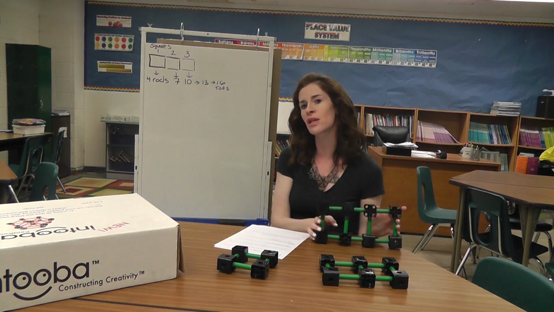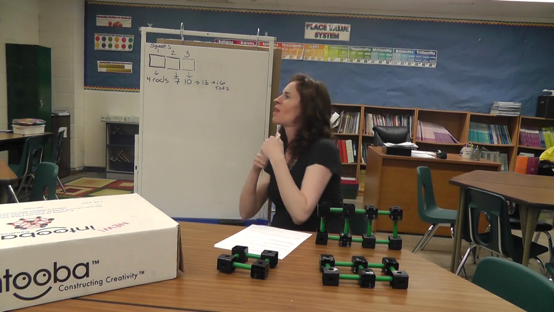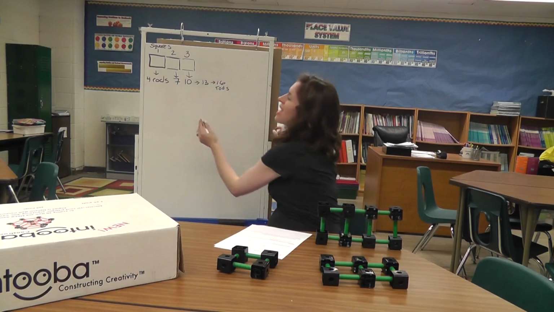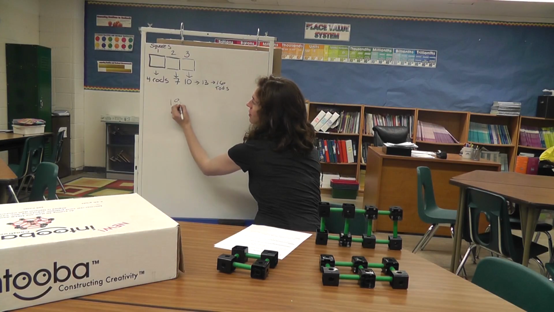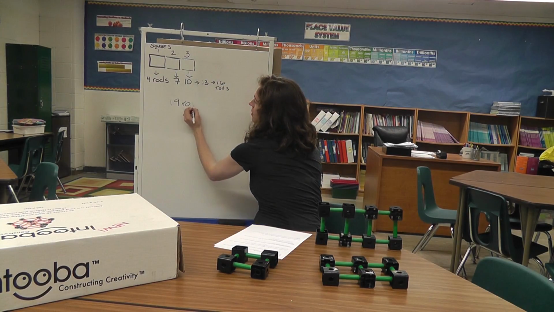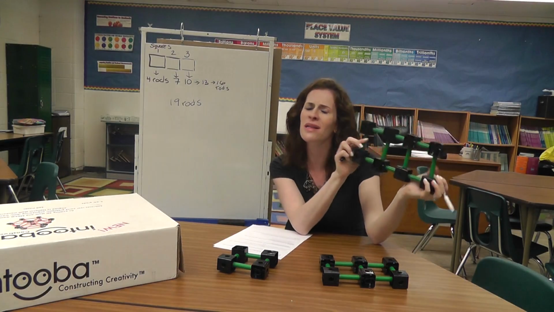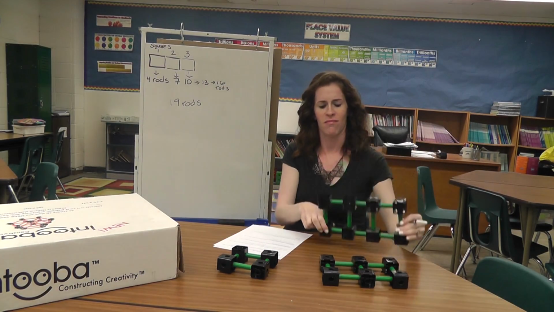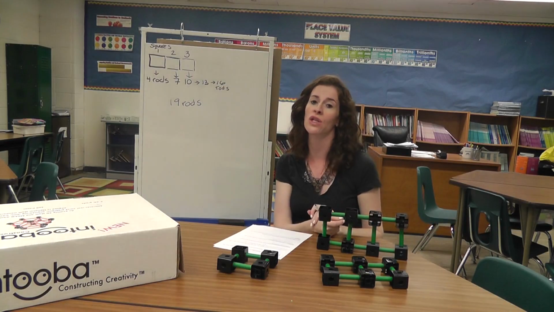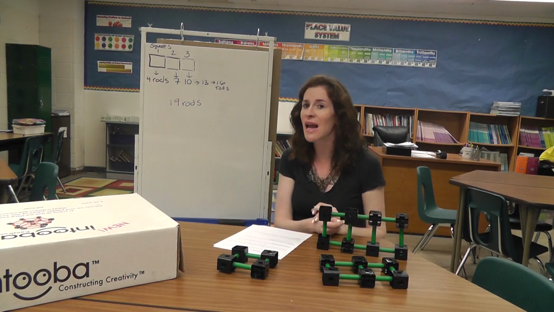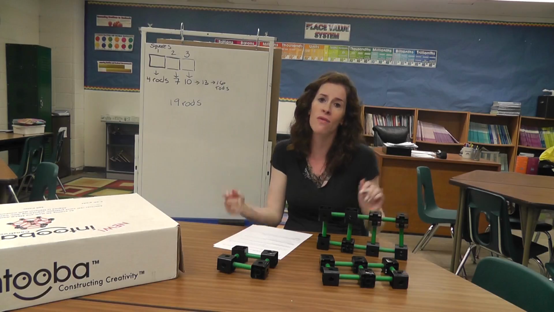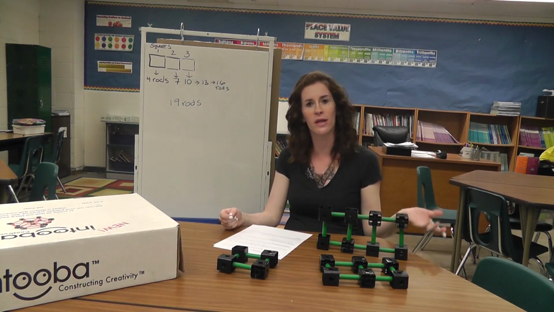The first extension question asks, if I'm using 19 rods in all, how many squares am I going to have? The second extension question goes a little bit deeper, and it asks, if I'm using 31 rods, how many squares do I have?